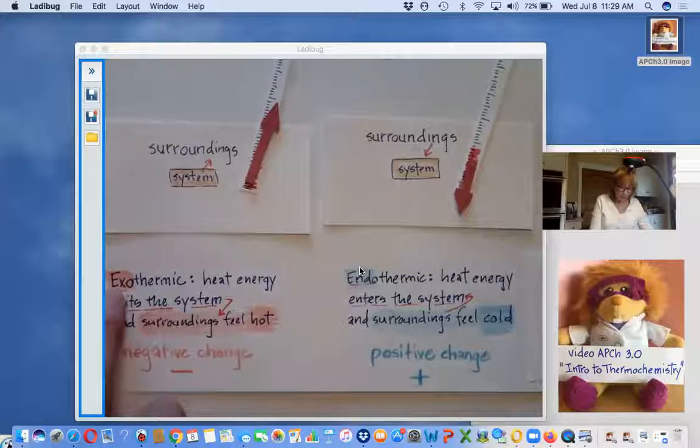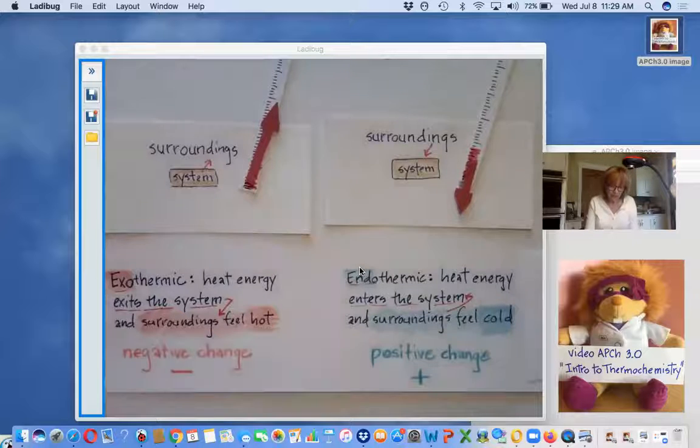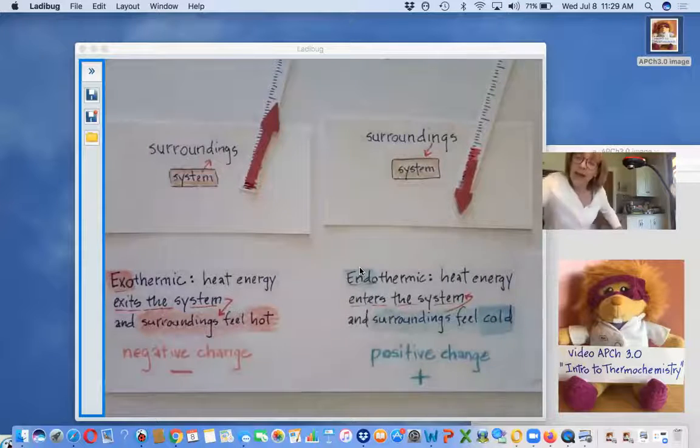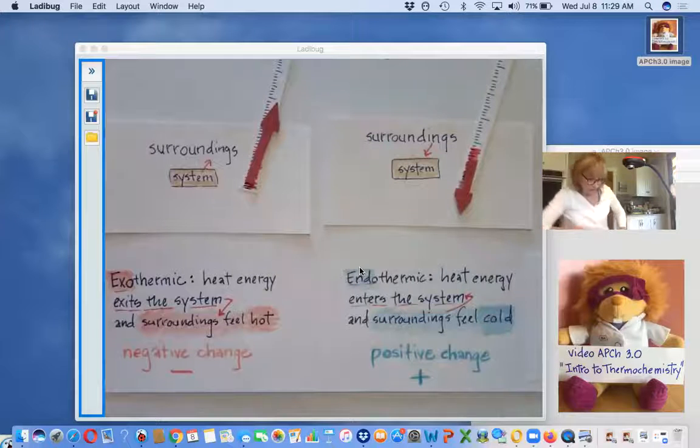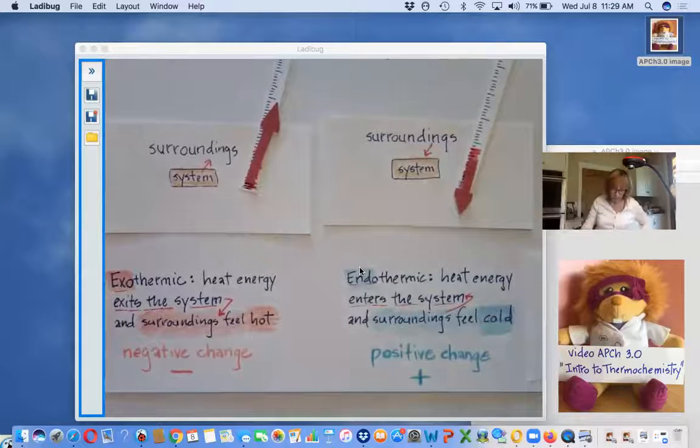An exothermic change is always denoted with a negative value. Endothermic, where heat enters the system, is experienced as feeling cold. And that value is going to be a positive number.